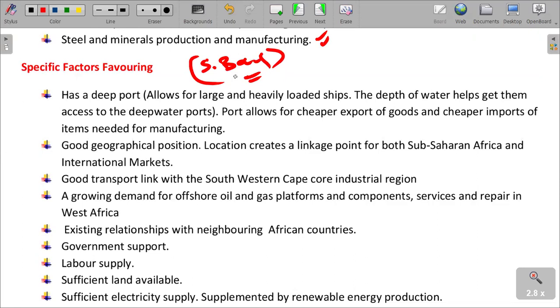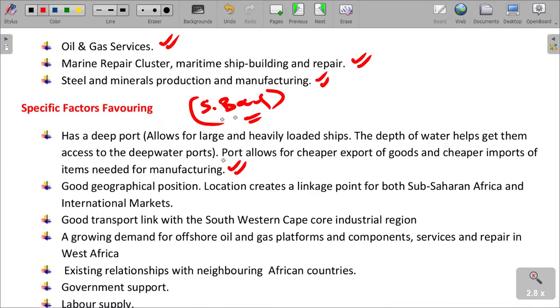The port allows for cheaper export of goods and cheaper imports of items needed for manufacturing. We talked about manufacturing in terms of what? In terms of the marine repair cluster. So we are saying it is an exit and entry point that allows cheaper exportation of goods and also importation of the needed components for manufacturing and repairing.